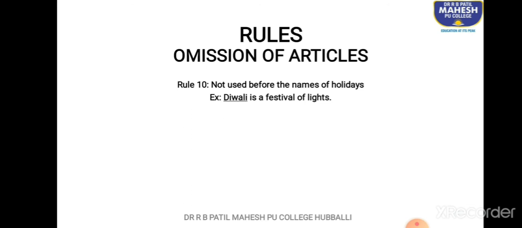Articles must be omitted before the names of holidays. So whenever you come across holiday names, one should not use any kind of article. Diwali is a festival of lights. It's not the Diwali, it is Diwali.